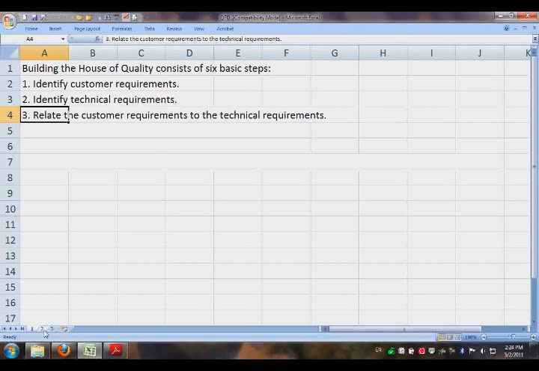And then the visual appeal: 3, 4, and 3. So this is the customer ranking of the competitors.